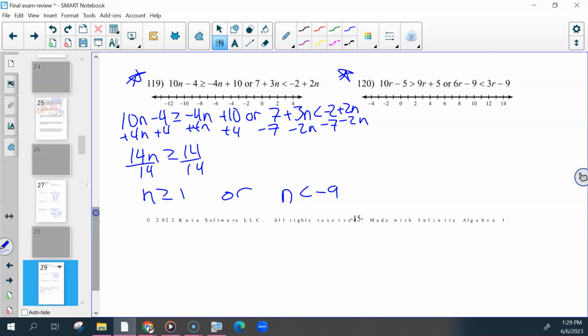When you don't have anything else, make sure you put an or in between them. Or means they're graphing away from each other. So this one would be closed at 1 going to the right. This one would be open at -9 going to the left. Questions on that one before we do 120?